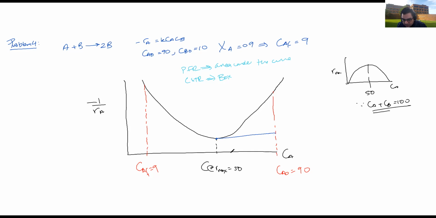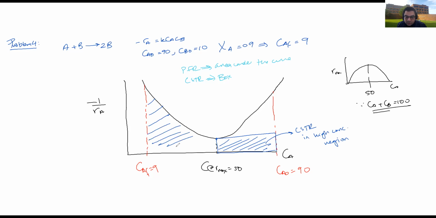We've discussed this in previous chapters, but to reiterate: if my initial and final concentrations are around my maximum, I'm going to use a CSTR in the high concentration region, and then a PFR in the low concentration region, right?